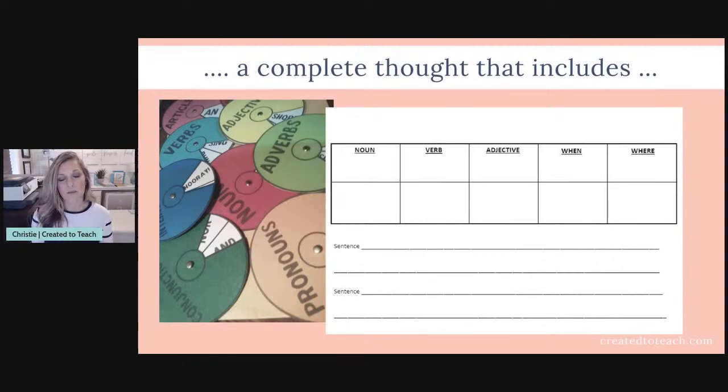I like to set this up in that what it does is it's a little frame and it's not intimidating. So we're not even talking about writing complete sentences just yet. We're talking about getting those ideas down. So what is a complete sentence? Well, it has a noun, verb, adjective, but I like to take it a step further and have them incorporate a when and a where, okay, like a location or setting.